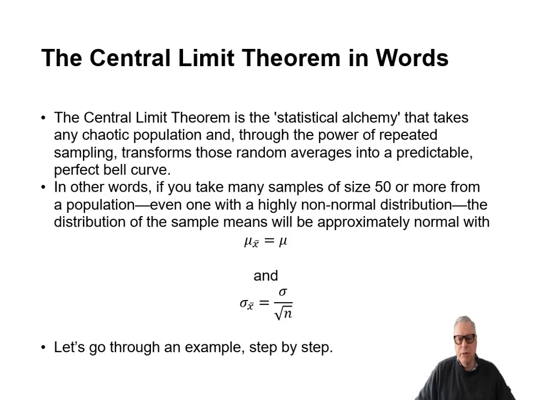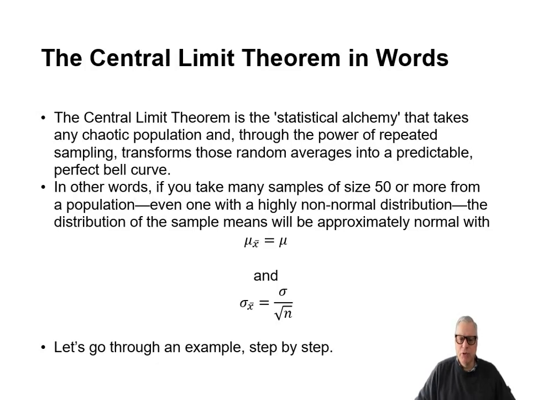So the central limit theorem is the statistical alchemy that takes any chaotic population and, through the power of repeated sampling, transforms those random averages into a predicted perfect bell curve.